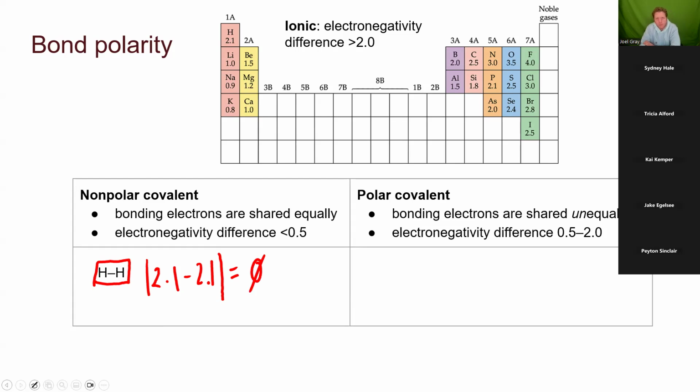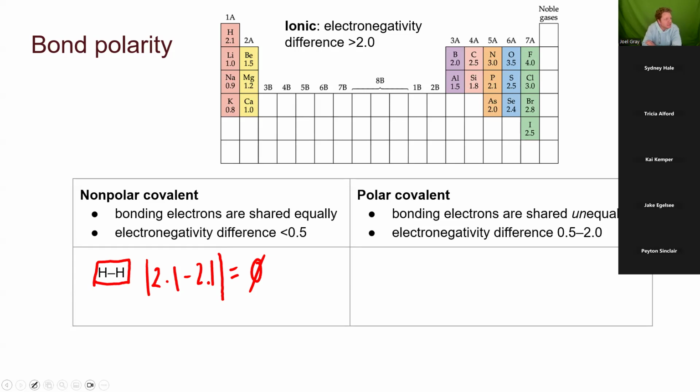So what I'm doing is saying which of these atoms, hydrogen or the other hydrogen, wants the electrons more, the electrons that are shared between these two atoms? Well, neither of them. They both want those electrons the exact same amount.